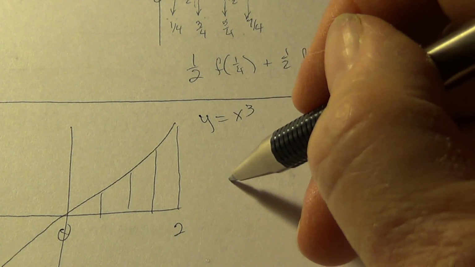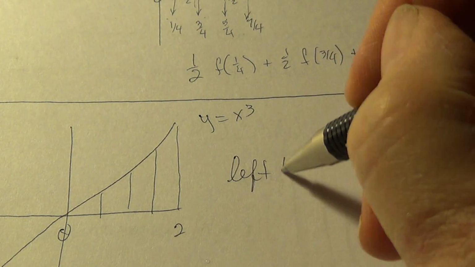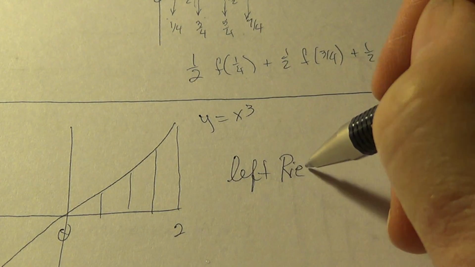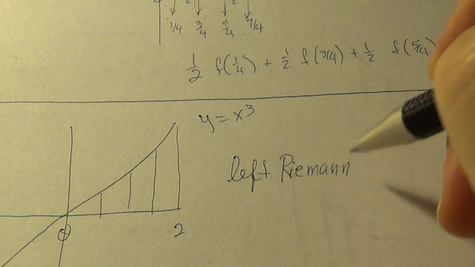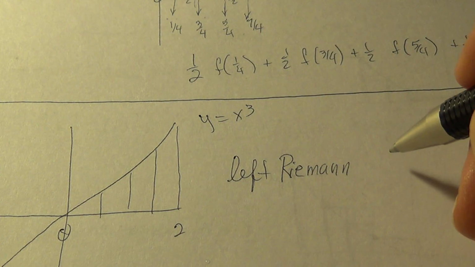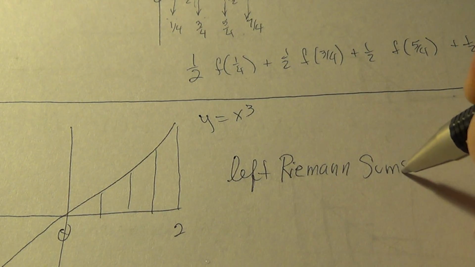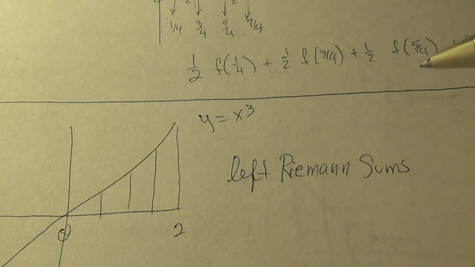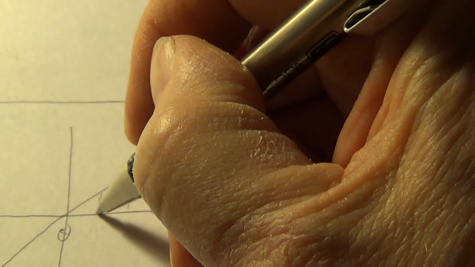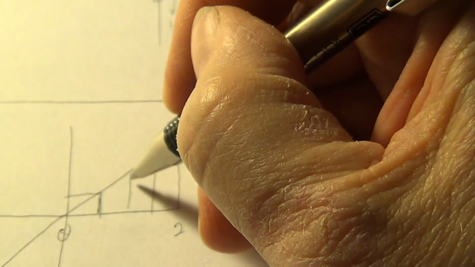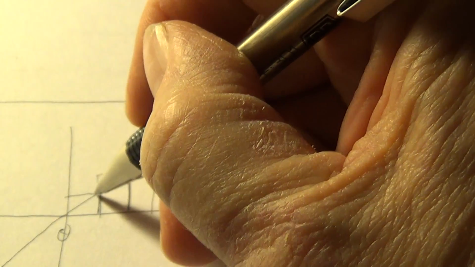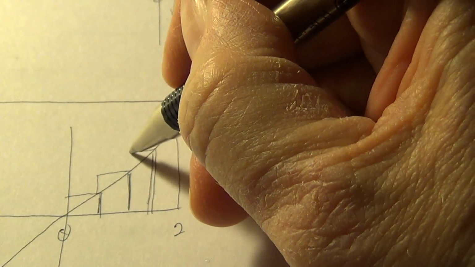Let's set this up as left Riemann sums. And we're going to recall that we look at the left side of each subinterval and create a left box from that left side.